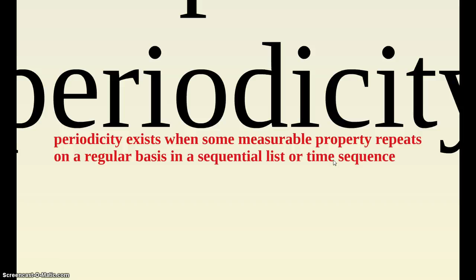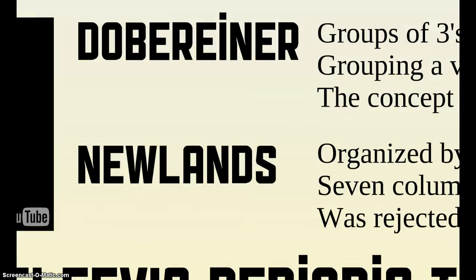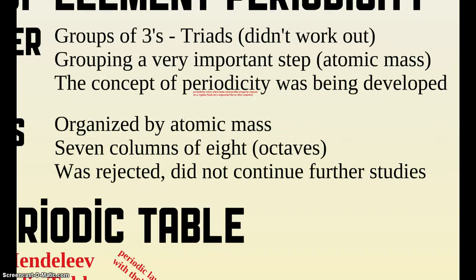All right, so moving forward, the next guy that came along was John Newlands, and he put forth an idea in 1864, a little time later. He called it the octave scheme. So we went from groups of 3 to groups of 8.